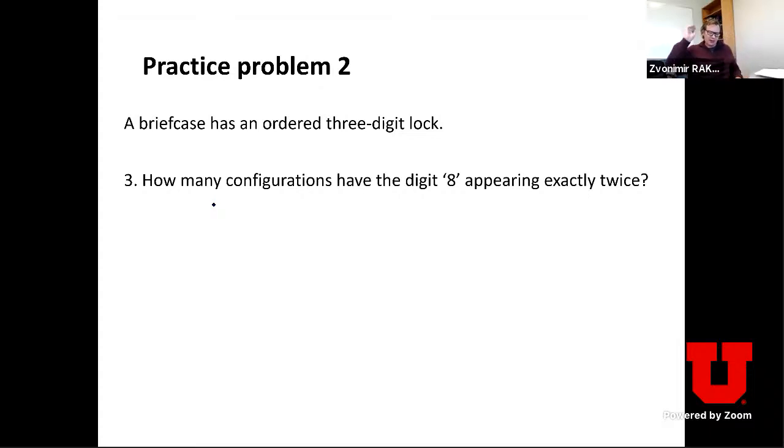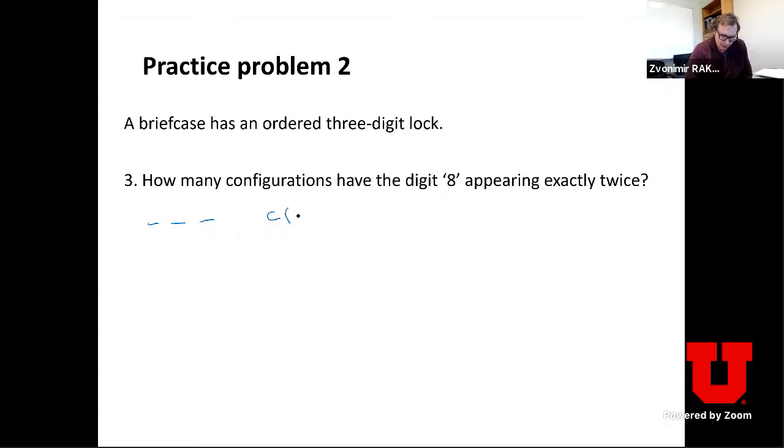How many configurations have the digit 8 appearing exactly twice? Okay, so it's exactly twice. So it's a little bit related to the previous problem we solved. So we can first choose the two spots in which we are going to put 8. So we are choosing 2 spots out of 3, and we're going to place 8 in these 2 spots.